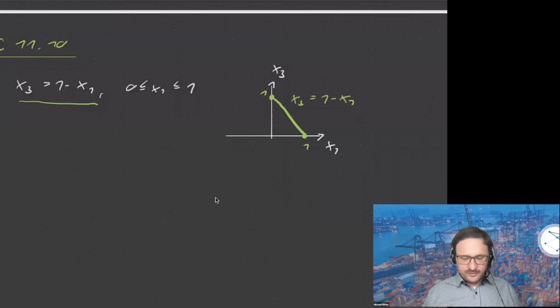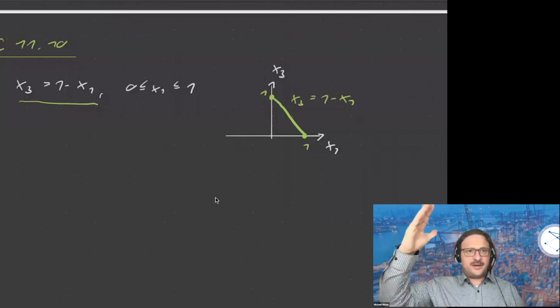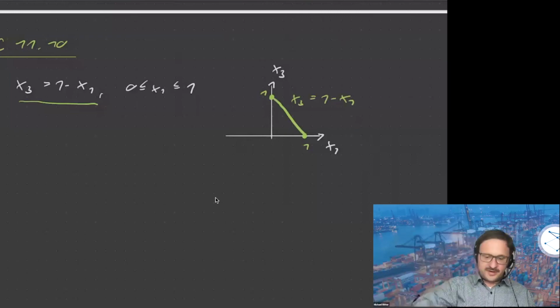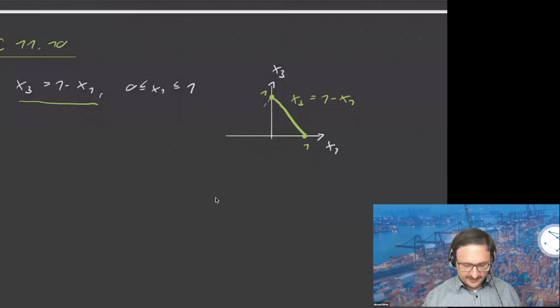And this is now rotated around the x3 axis, where the x1, x2 plane is the bottom of the body. So what happens here? Well, say you're rotating that line here around the x3 axis, then what you'll get will be a cone, right?